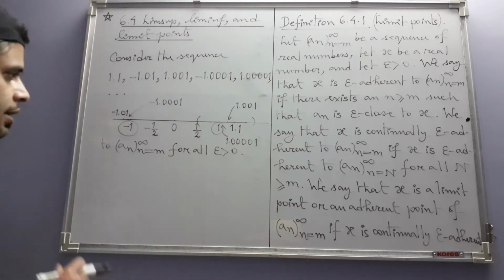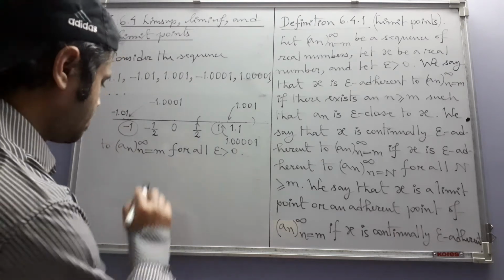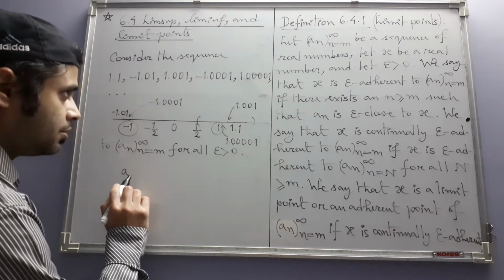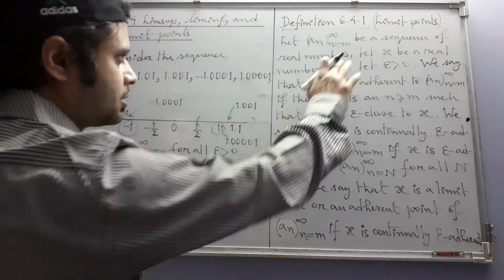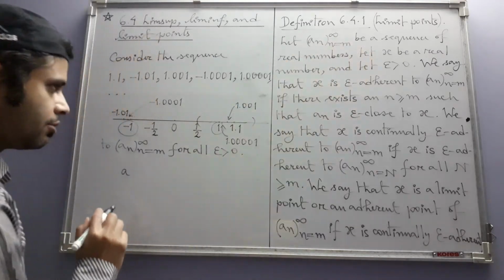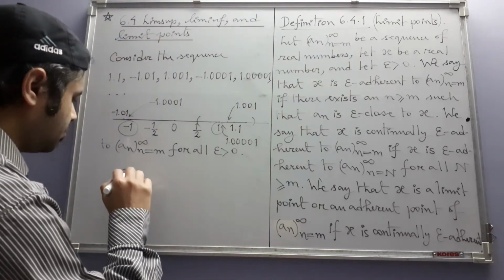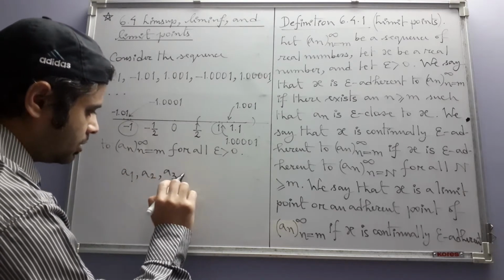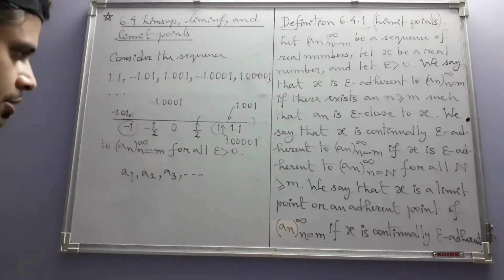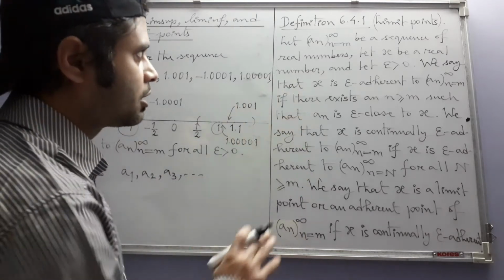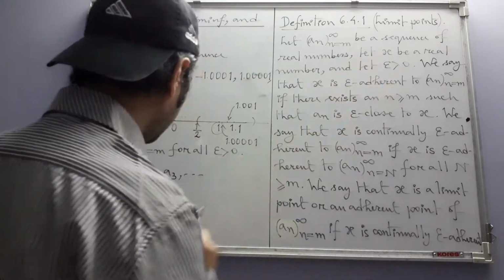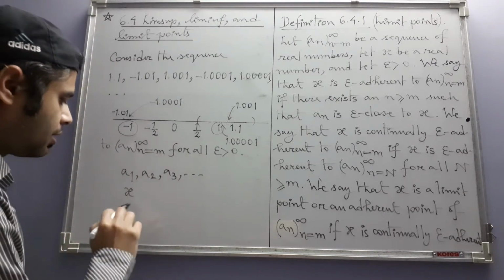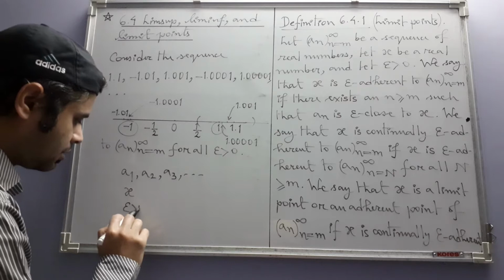First of all, say a sequence is given to us. So we have its terms like this: am. To simplify matters, let's take a specific value of m, say m equal to 1. Then we have a1, a2, a3, etc. So this is our sequence. The first part of the definition says that x is a real number, and we are also having another thing, epsilon.